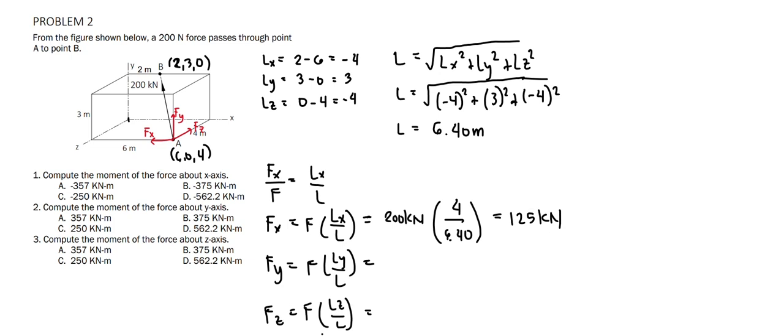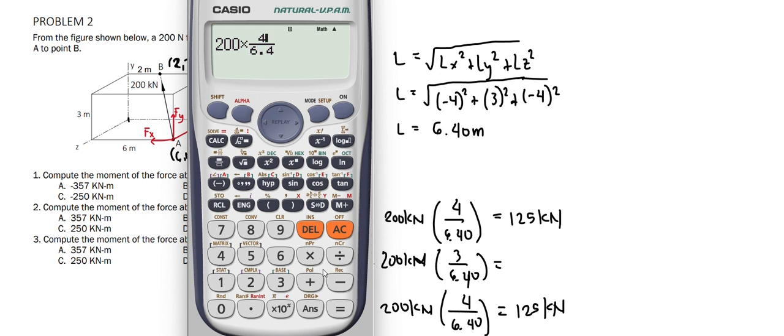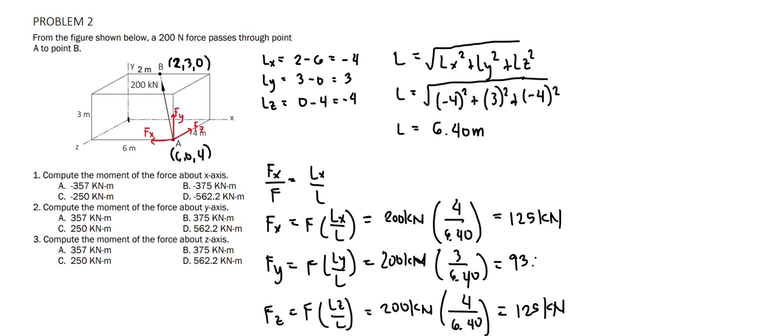And since Fz is just equal to Fx, therefore we should get the same result. And for Fy, that is 200 kilonewtons times 3 over 6.4. That is equal to 93.75 kilonewtons.